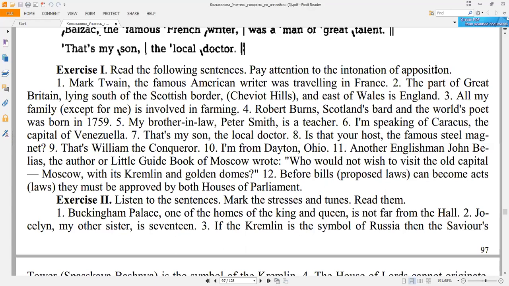So continue, please. The next one. Any volunteer to read the next example? My brother-in-law, Peter Smith, is a teacher. Next one, thank you. You are right in the intonation of this sentence, in this apposition. The next volunteer to read the next example.